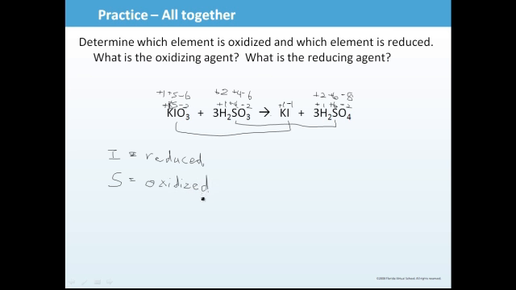All right, so now for the agents. Remember we said that the oxidizing agent is basically the one that's being reduced because it's causing the other one to be oxidized. But it's the entire reactant or compound that's doing that. So we would have to say then that not just I, but KIO3 is the oxidizing agent.